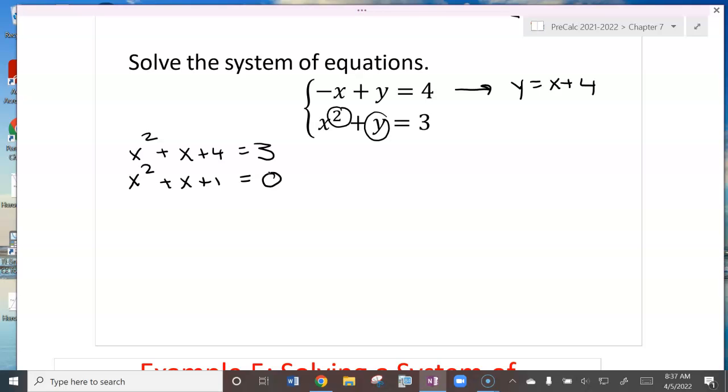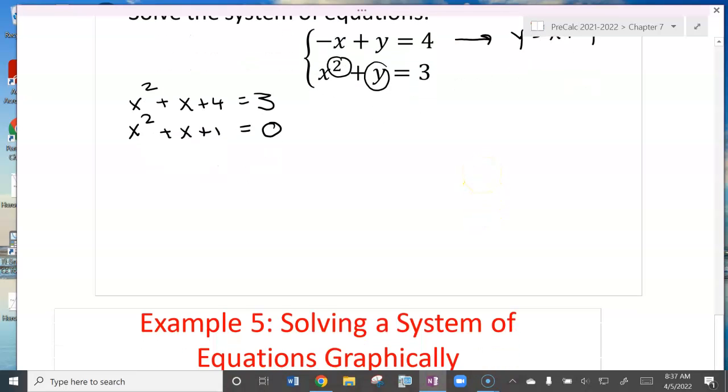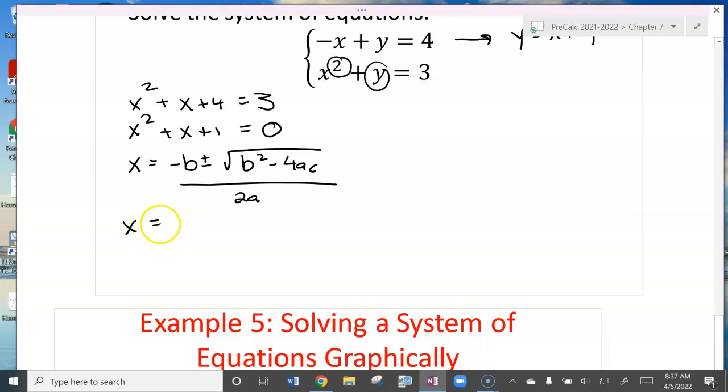And so then I can't factor this, so I'm going to go quadratic formula. x equals negative b plus or minus the square root of b squared minus 4ac, all over 2a. In this case b is 1, so x equals negative 1 plus or minus the square root of 1 squared minus 4.